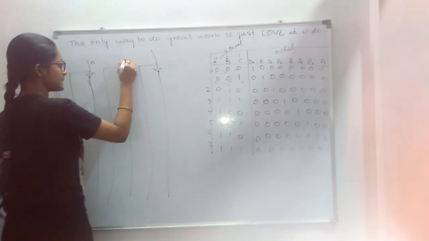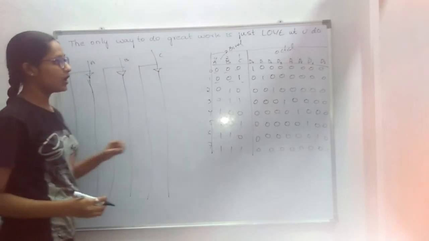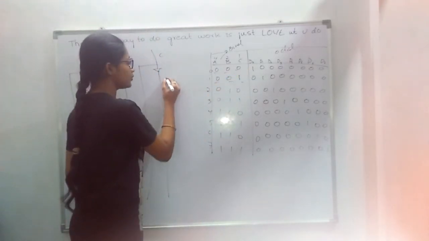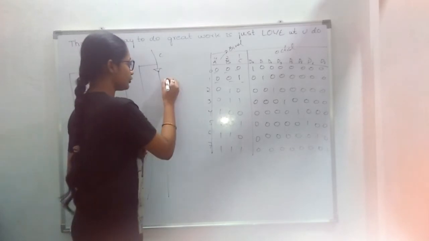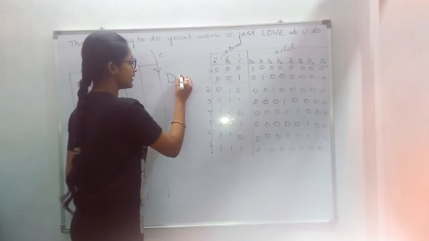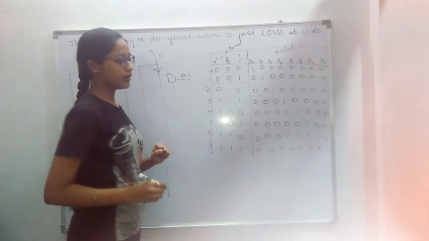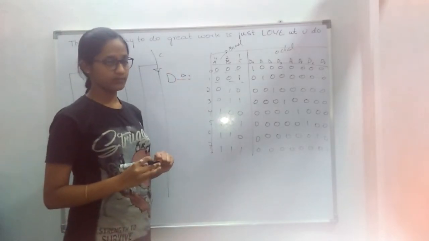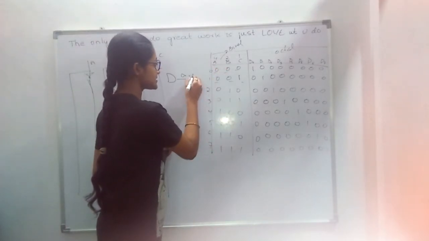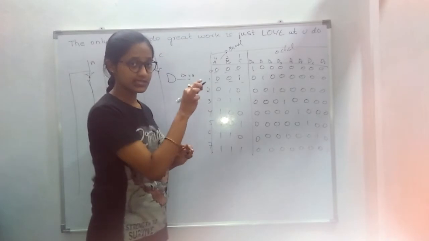So A, B, C. For the representation of D0, I have to take an AND gate. D0 will be the output. What is the equation for D0? From this we have to take A bar, as A is associated with 0.